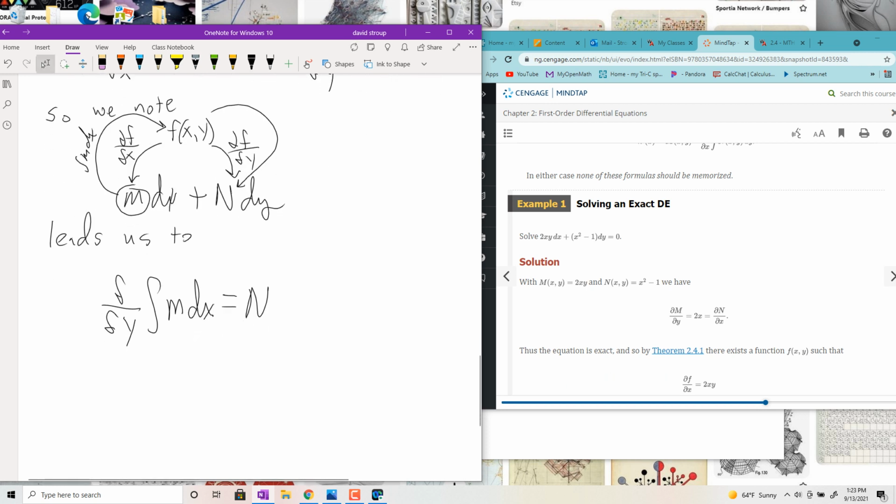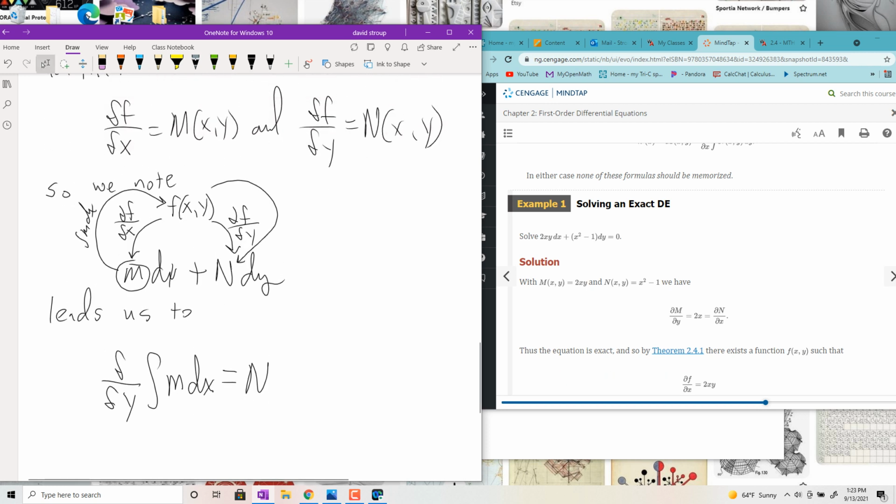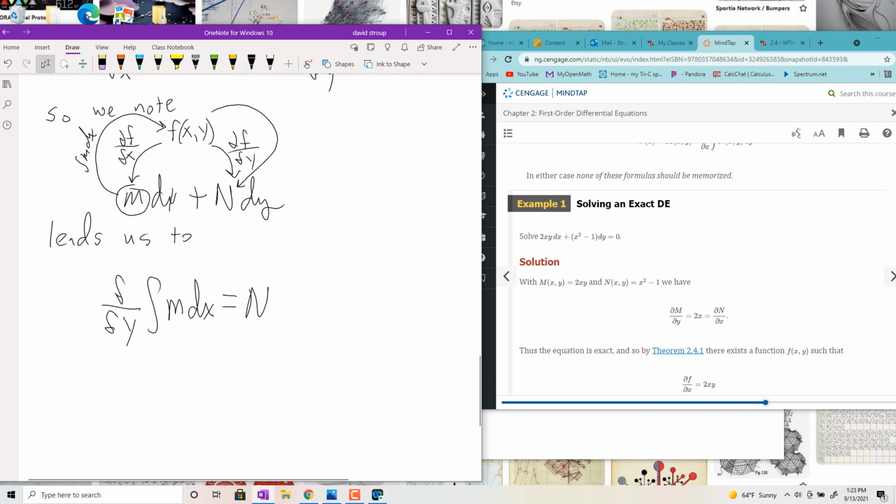That is basically the equation you're going to use to solve all these problems. You could also say, going in the other direction, just take the partial with respect to x of the integral of N with respect to y and set that equal to big M. Either will work.